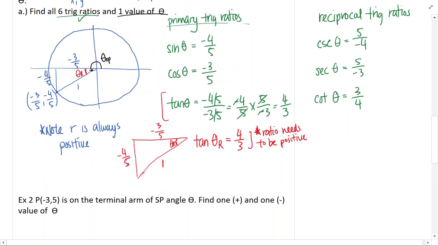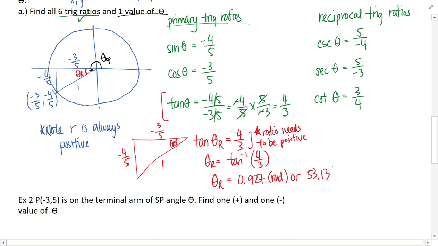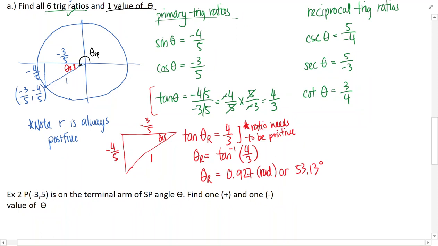From here, we use arctan, so our reference angle equals arctan of 4/3. Depending on what kind of angle you're looking for, you will have either 0.927 radians, or 53.13 degrees.